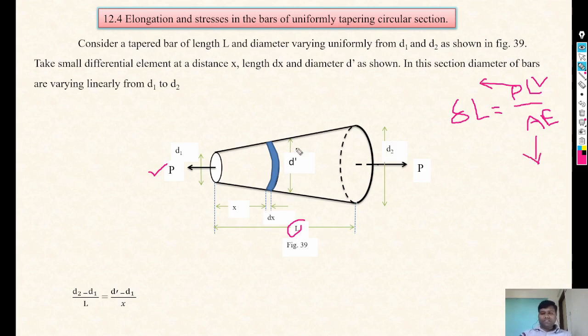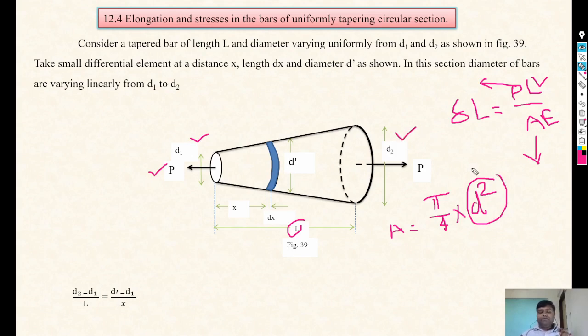Here the section is a circular tapering section, so the area is A equals pi by 4 into d square. But d is varying from d1 to d2, which means we don't have a fixed diameter for the section.